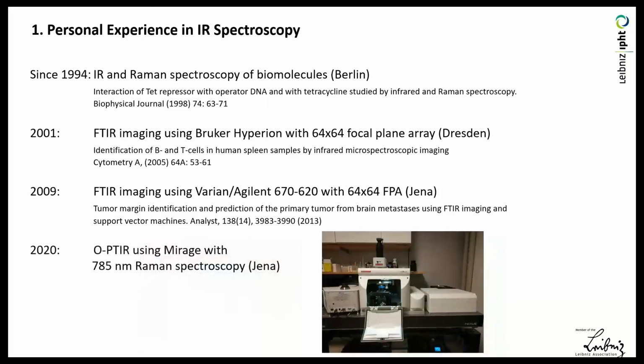And then in 2020, OPTIR. Here in our instrument, the Raman option was moved from the right side to the left side. This saves some mirrors and you get slightly better sensitivity. Our system is the first one with the 785 probe laser.